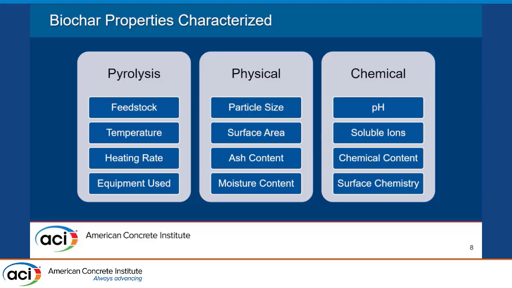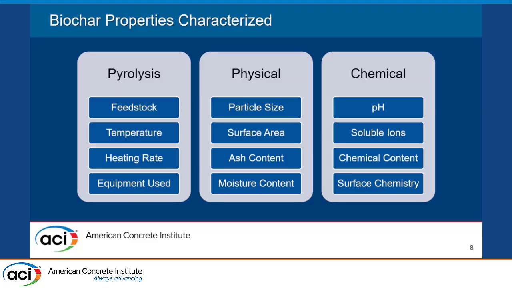That's where you get your silica, your calcium oxide, some of the other inorganic materials that we're interested in. Some of those are soluble, some of them are not, worth more research. The moisture content is something we are going to talk about a lot, not only the moisture content of the biochar when you add it into the material, but also how much moisture it can hold on to while you're mixing.